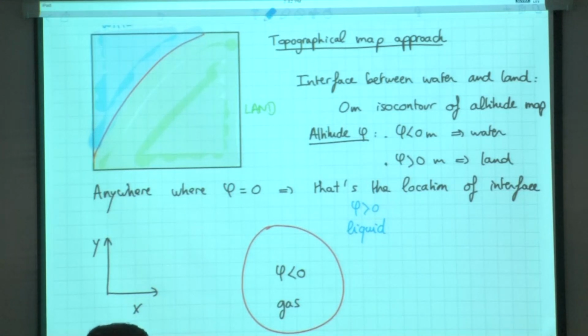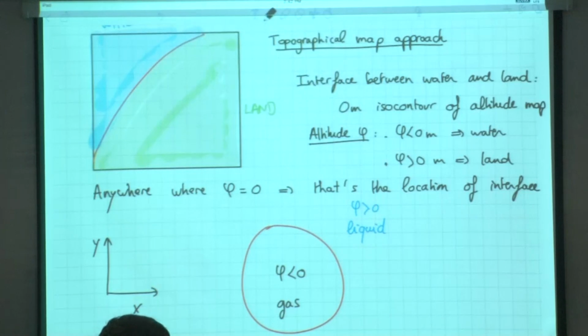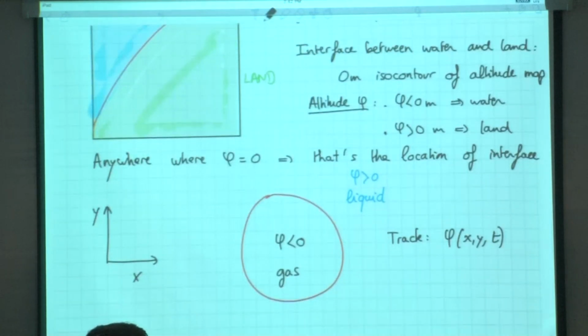Okay? Same exact strategy. Now, what we're going to keep track of is this phi quantity of x and y and time. And from that, you can define the interface.